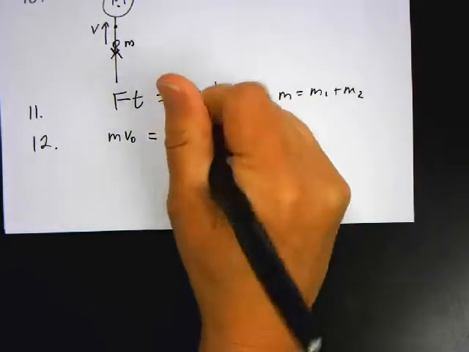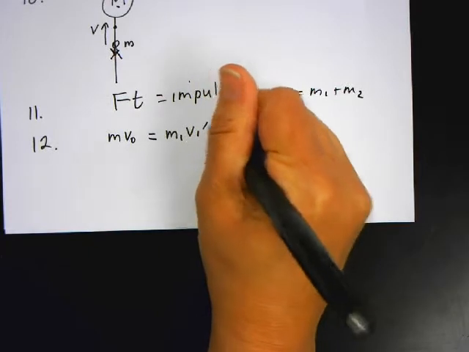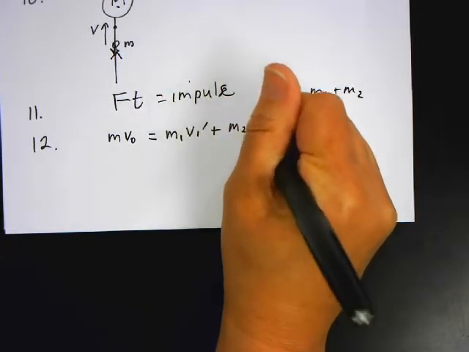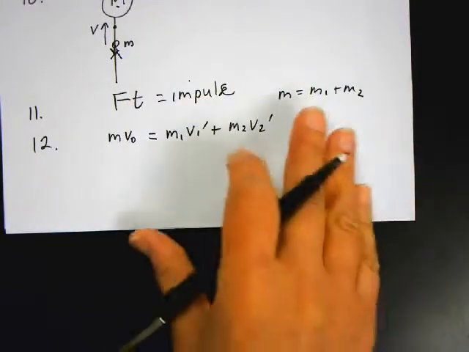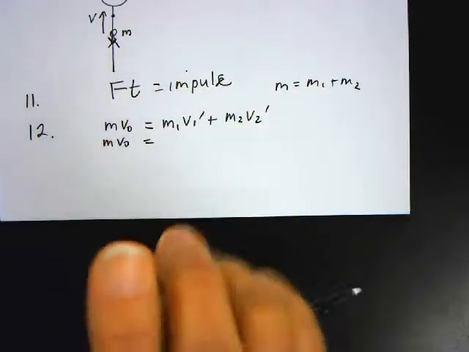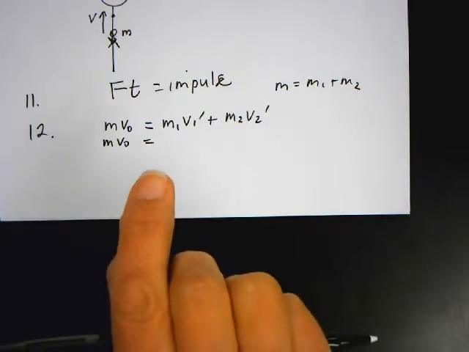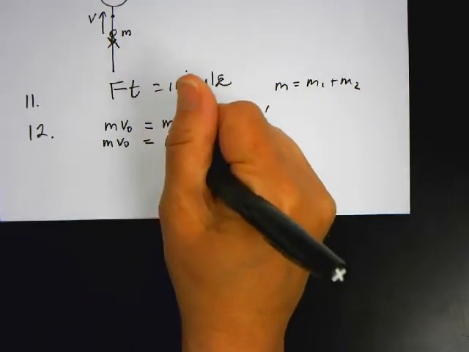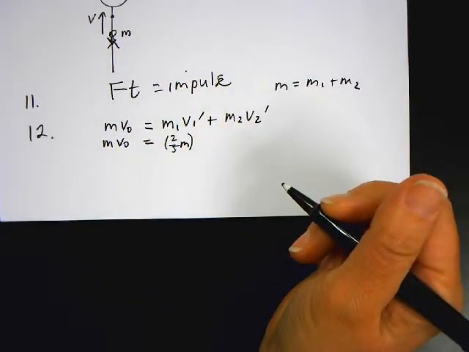So then after, you're going to have m1 with some velocity, plus another piece which is going to have a different velocity. And I use prime to denote after the collision because I don't like to do double subscripts. So you have m v naught is equal to... you have to be careful when you read it. It explodes into two pieces. One piece of mass 2/5 m, which is what m1 is, moves with the speed v naught over 2 to the left.